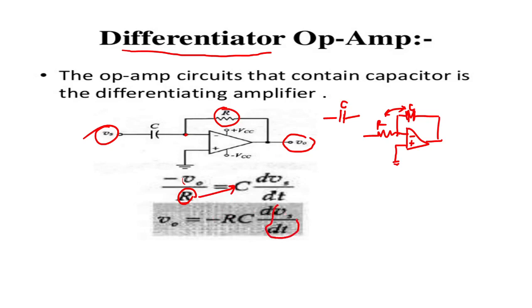Shifting terms, the output voltage V naught is equal to minus RC dVs divided by dt.